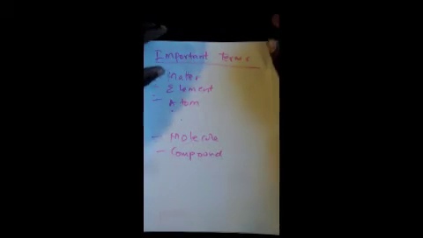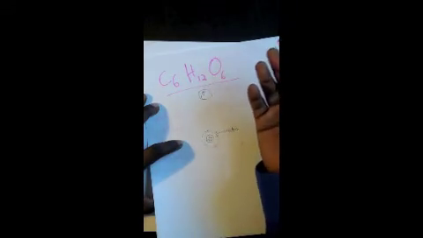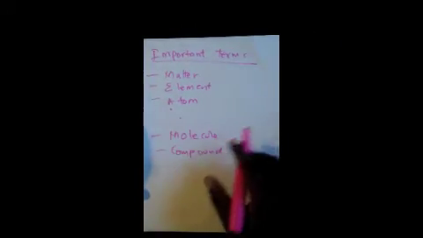So the formula for glucose is C6H12O6, 6 atoms of carbon, 12 atoms of hydrogen, and 6 atoms of oxygen. That one is glucose, which is a form of sugar. So pretty much that is what we mean by molecule and compound.